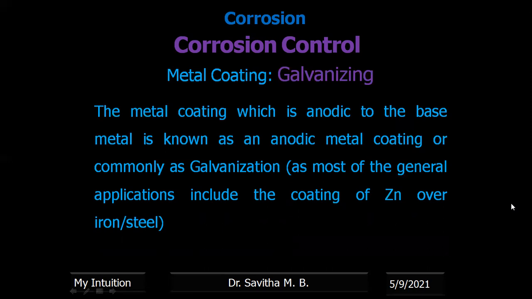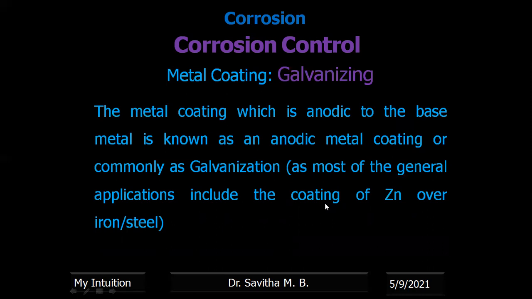The coating metal has some reduction potential, right? If the coating metal is anodic with respect to the base metal, then such a type of coating is called anodic metal coating. One example is galvanizing.